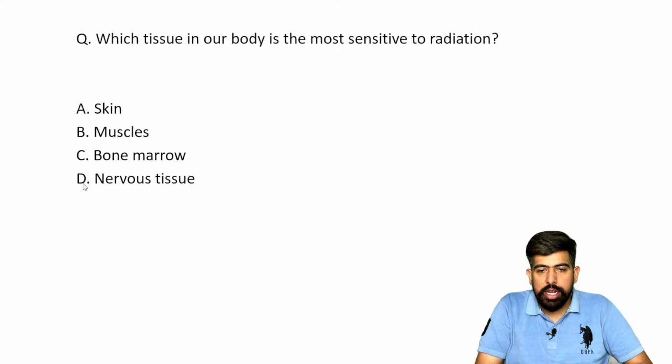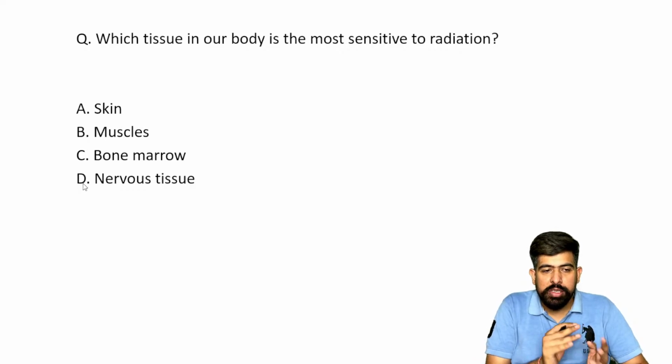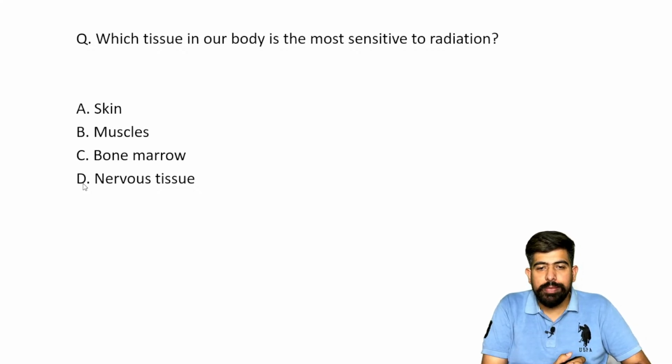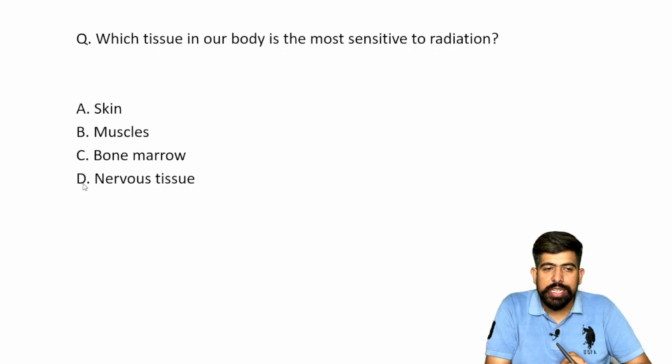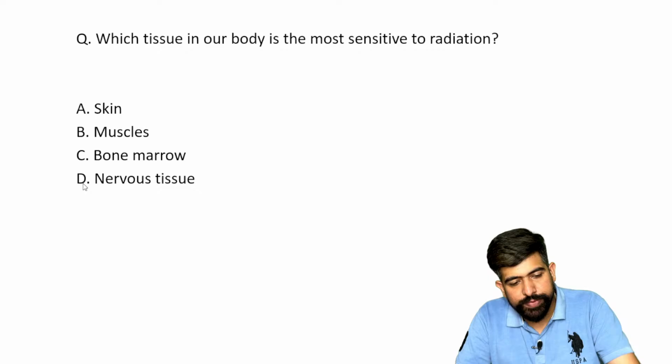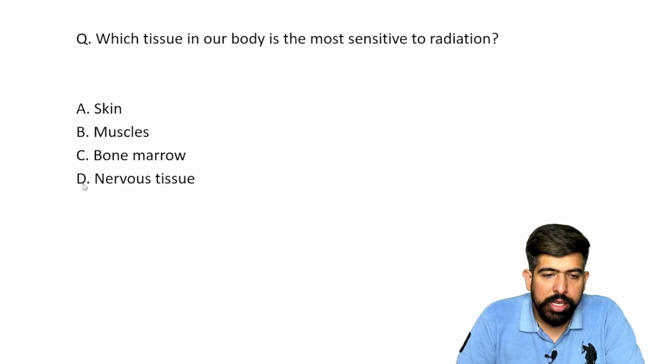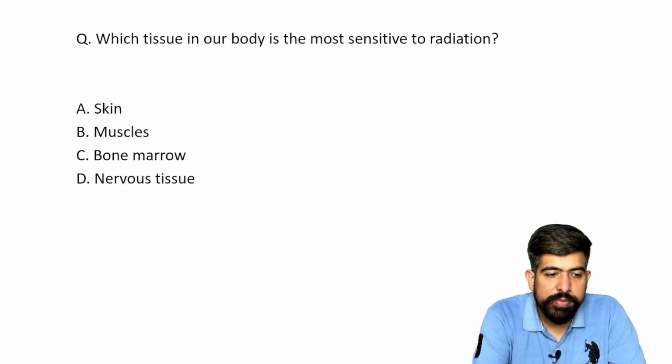Many of you get confused about it and keep changing your answer. Just try to answer and reply in the chat box which is more sensitive. The options given are skin, muscle, bone marrow and nerve tissue.